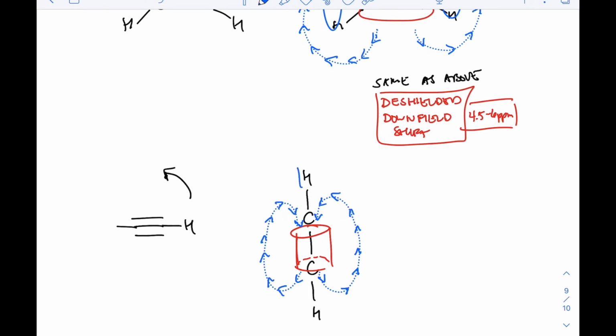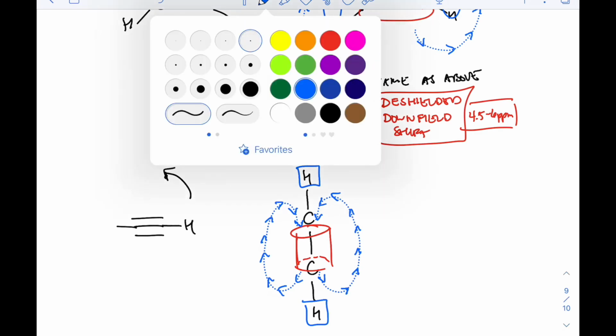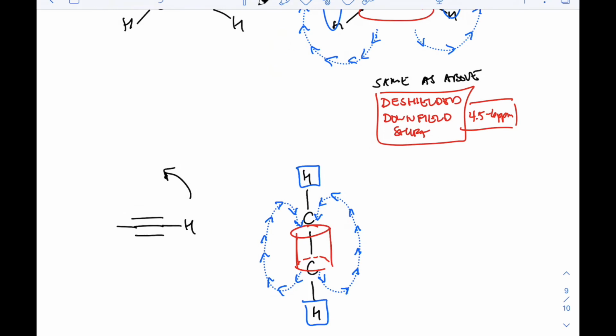Now, since this proton and that proton are actually in a different spot, where the flow of electrons, I like to think of it as a flow, right? So the arrows represent the direction things are going, and the induced magnetic field actually opposes the external field in the vicinity of that proton.